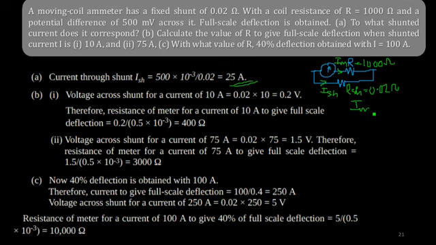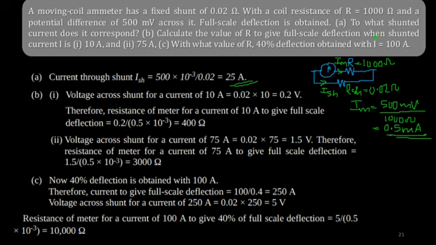Im will be given by 500 millivolt divided by 1000 ohms. 1000 ohm is the meter internal resistance or Rm. So that will give you 0.5 milliampere. So this is the current that is permissible through this particular moving system, through the coil or through the spring.